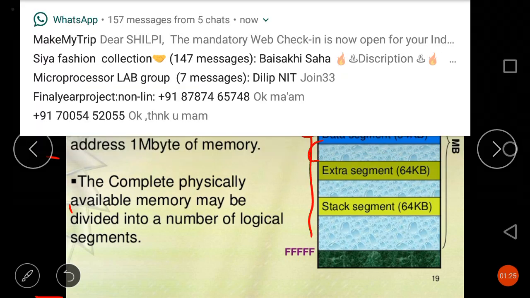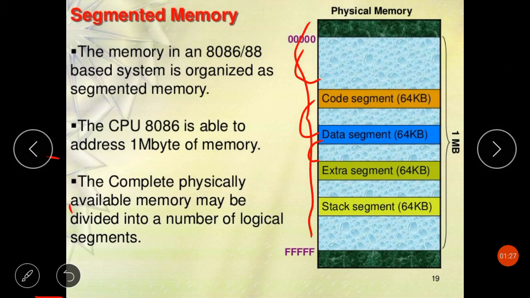This memory is divided into a number of logical segments. Each segment is 64 kilobytes in size and addressed by one of the segment registers.